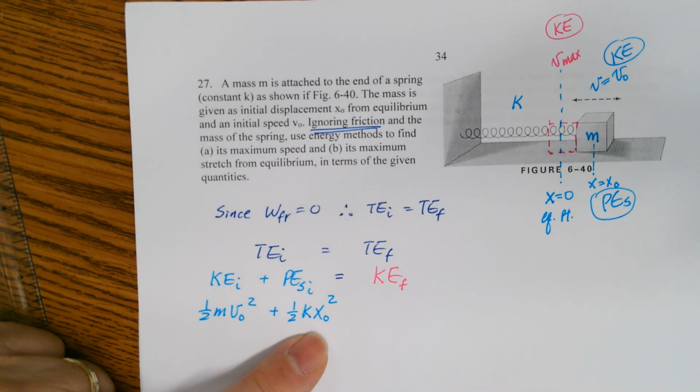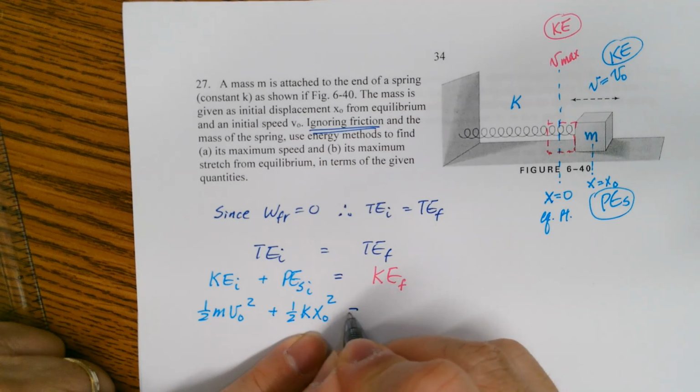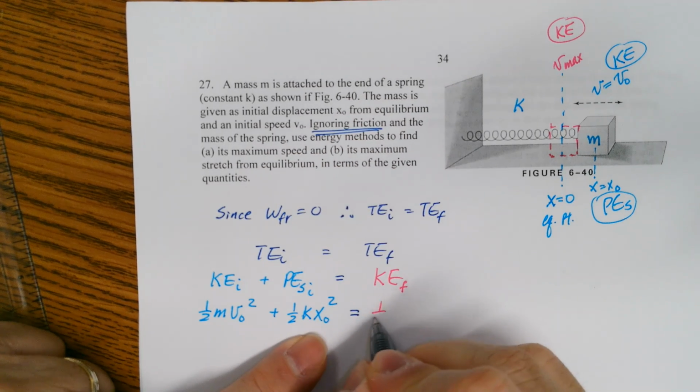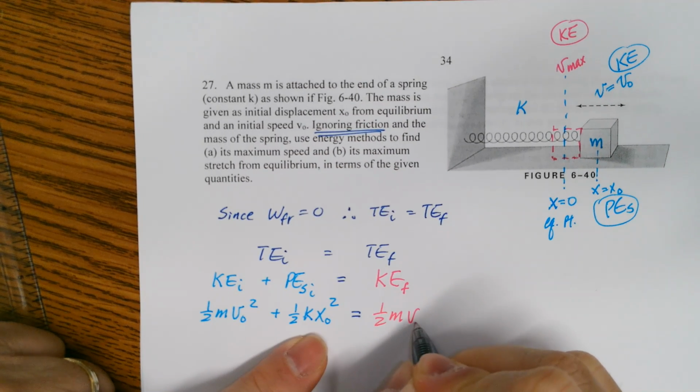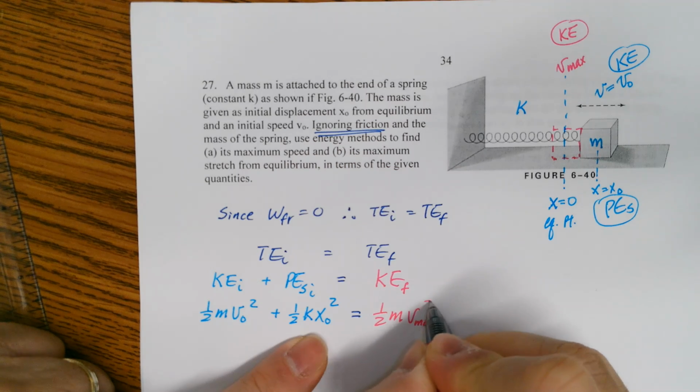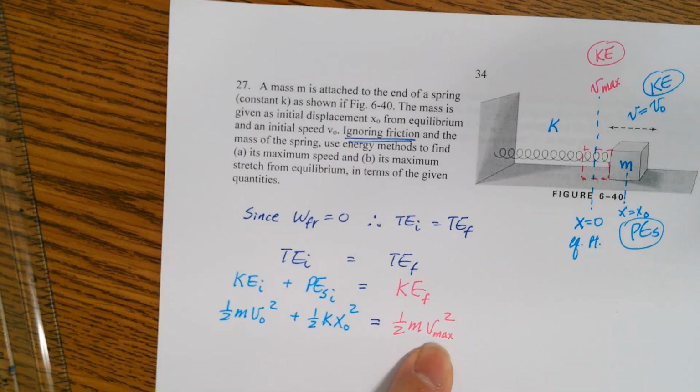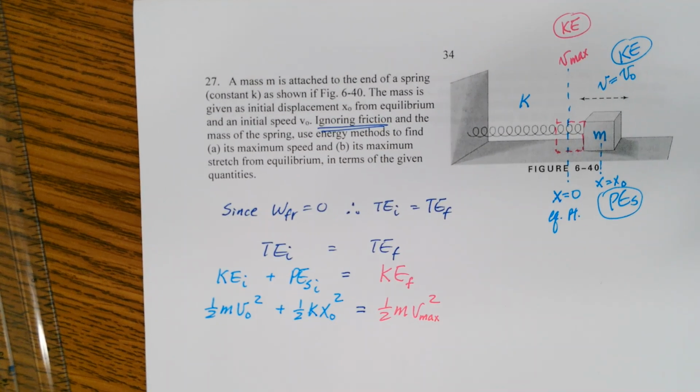That is equal to just 1/2 m v max squared, because the maximum speed happens at the equilibrium position.